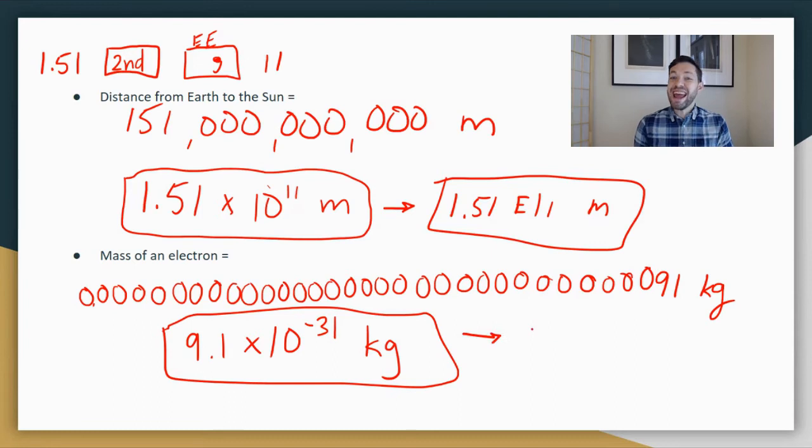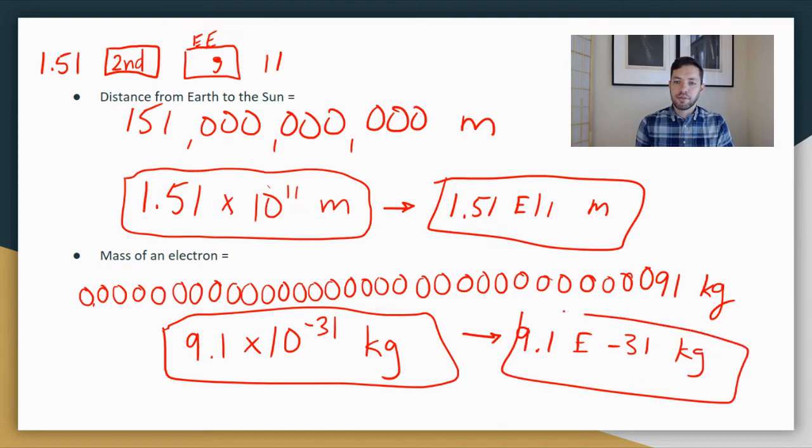You would just add a negative sign right before the exponent. So this would be 9.1 E negative 31 kilograms. These are all the same thing, but these in the boxes are going to be a lot easier for us to work with as we're studying physics. I really encourage you to get comfortable working with it on the calculator.